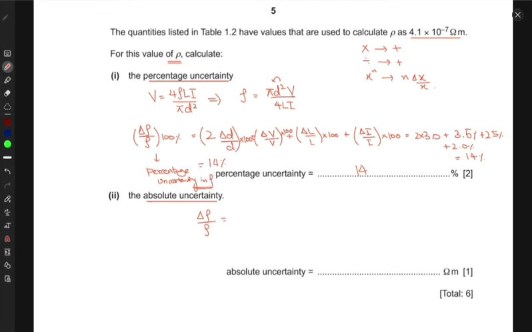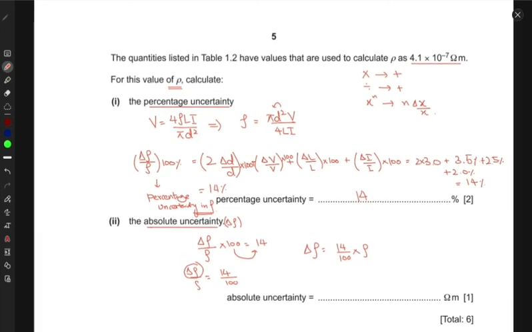From the percentage uncertainty, we saw that change in rho by rho into 100% is 14%, right? So if I take this 100 over there, this gives me delta rho by rho as 14 over 100. Now that is delta rho by rho. I want delta rho, which is my absolute uncertainty. So absolute uncertainty, which is delta rho, is then given as 14 by 100 multiplied by rho.